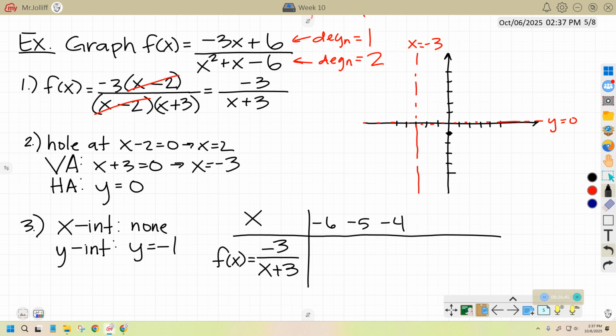I'm going to give you a minute to figure out what those f of x values are that go with it, and then I will call on some people. Just a few more seconds.